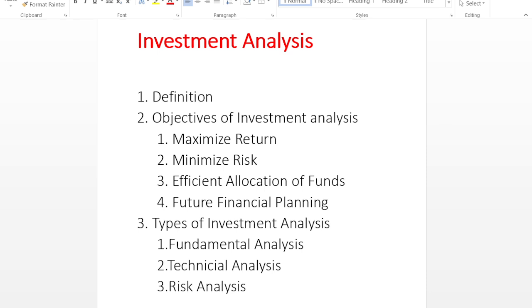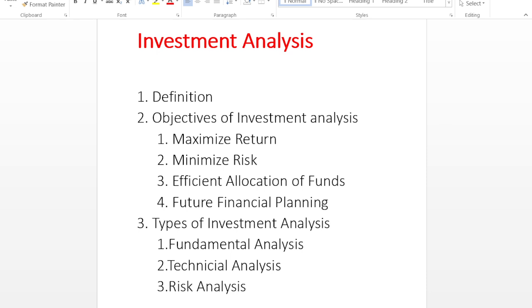Coming to the types of investment analysis, first one, fundamental analysis, second one, technical analysis, third one, risk analysis. Coming to fundamental analysis, you have to think about the basics of the particular company or project when you are investing the money. Before investing, you have to evaluate the good health of a company or a project, like checking the financial statements such as balance sheet, income statement, and cash flow statement.